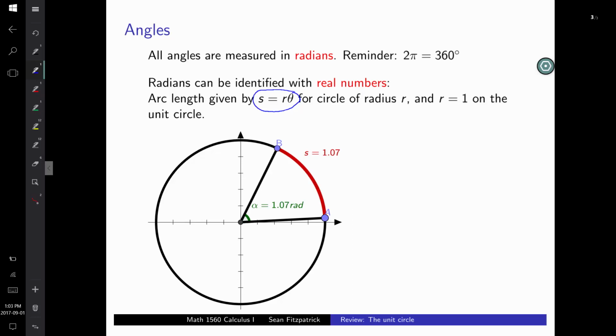But in radians, arc length is simply given by the angle times the radius of the circle. Now, our radius is 1, and that means that the arc length and the angle are in fact the same value. One is measured in radians, the other is a real number, but this is what allows us to identify real numbers with angles, as long as our angles are measured in radians. And we'll make use of that in the next video when we define the sine and cosine functions.